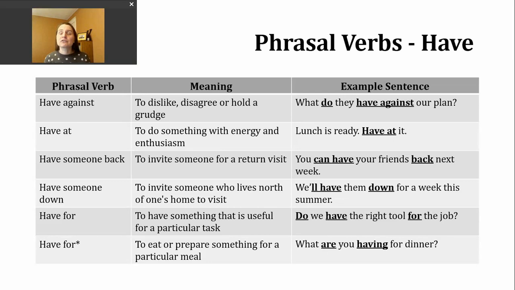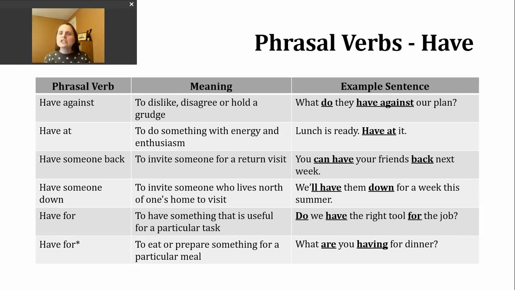And the first phrasal verb we're going to look at is to have against. And this means to dislike, disagree, or hold a grudge. An example of this usage might be, what do they have against our plan? So here someone is asking, what do they dislike about the plan? What do they disagree with regarding the plan?